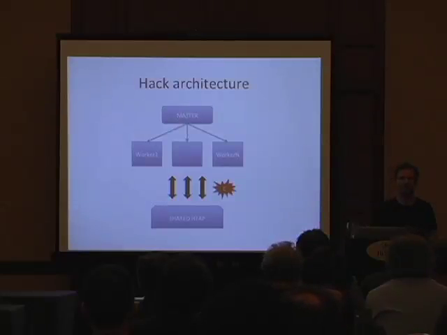Then it distributes work to the different workers. And the workers, when they get jobs to be done, don't respond to the master with their data, because if we were doing that, the bottleneck would become the master. So instead, these workers talk to shared memory, and that's where the data goes.